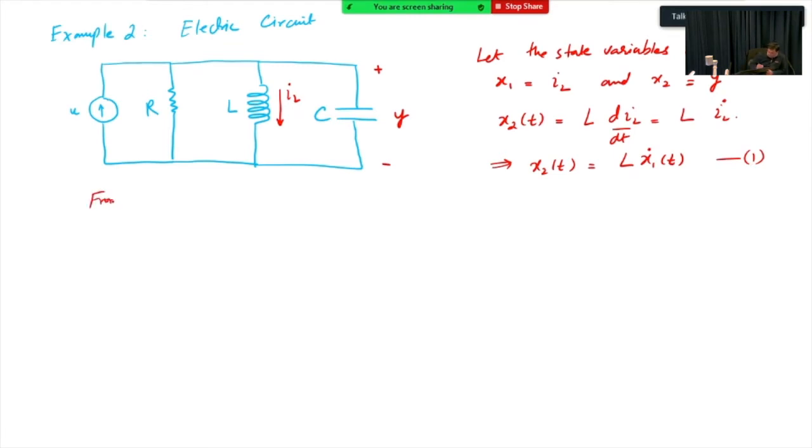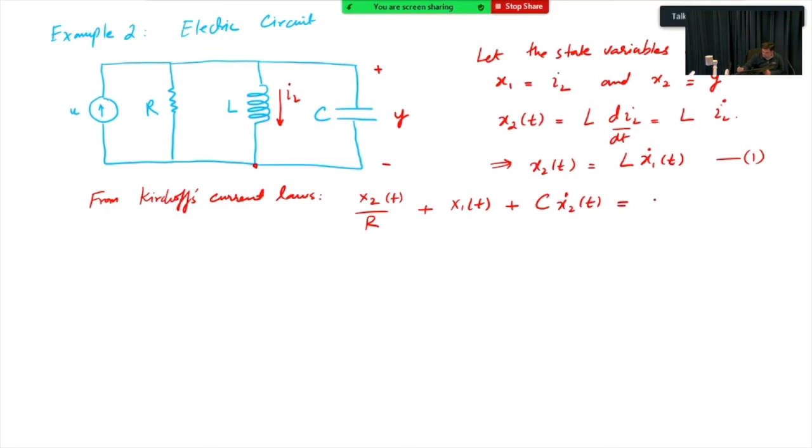And now from Kirchhoff's current law, which says that the currents entering and leaving a particular junction have to sum to zero, basically the current through the resistor, which will be the voltage divided by the resistance, is x2 of t divided by R, plus x1 of t, and then finally it is C times the derivative of the voltage, so C times x2 dot of t.